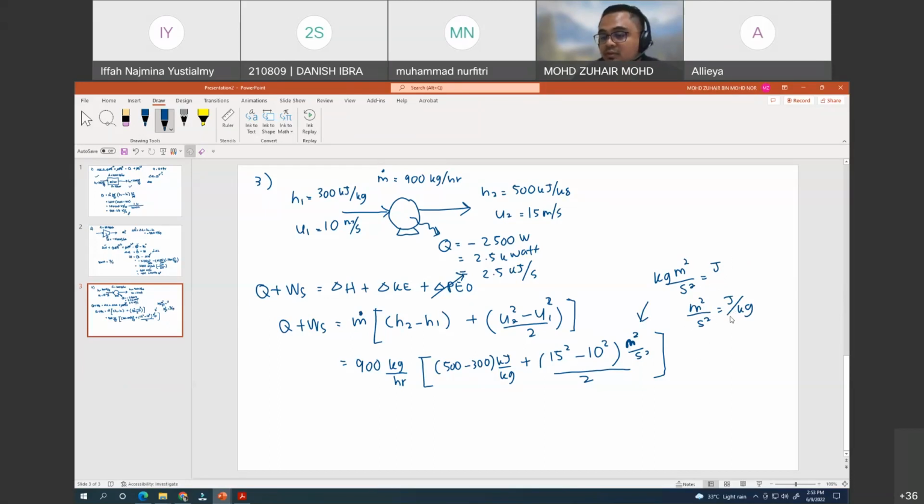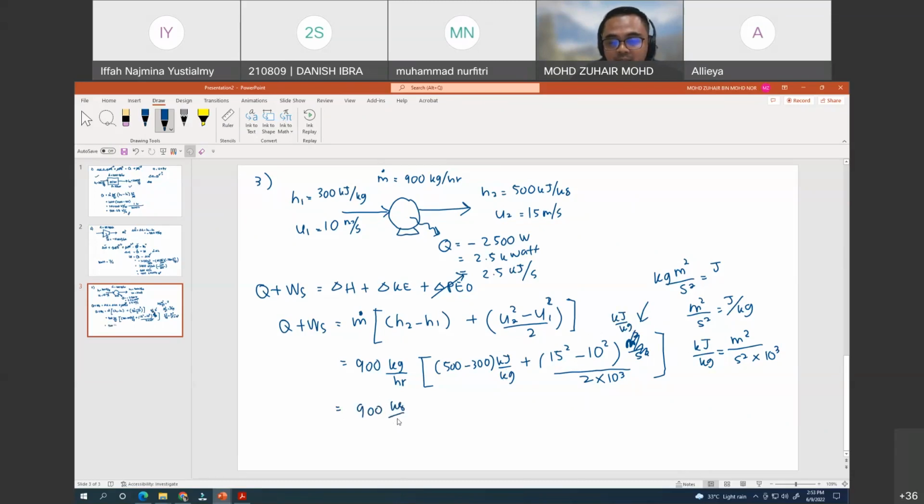But we want kilojoule per kg, so kilojoule per kg equals m squared per s squared divided by 10 to the power of 3. So in order to change m squared per s squared into kilojoule per kg, this has to be multiplied by 10 to the power of minus 3. So this is already kilojoule per kg. When the unit is already the same, we can solve it.